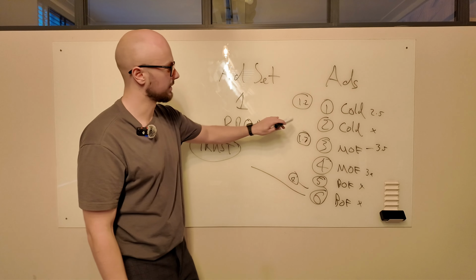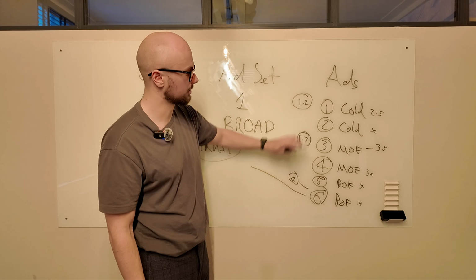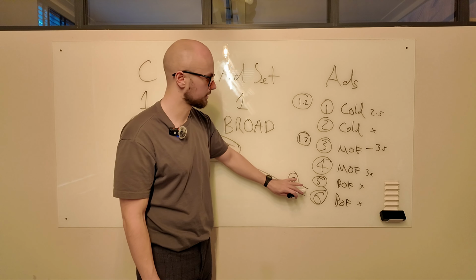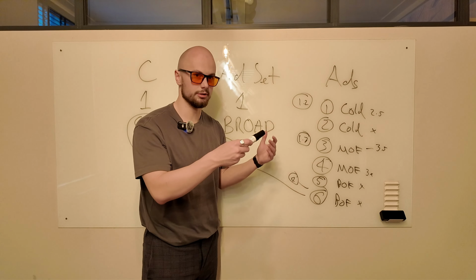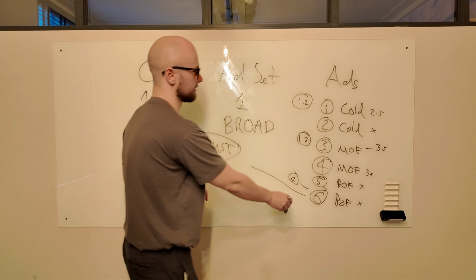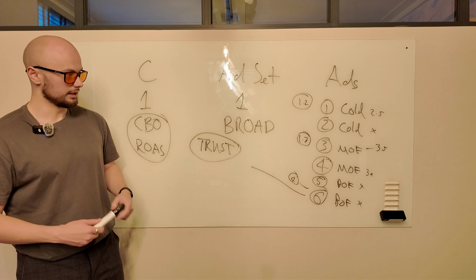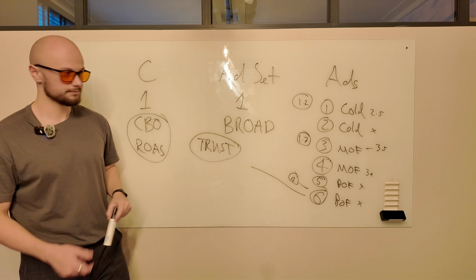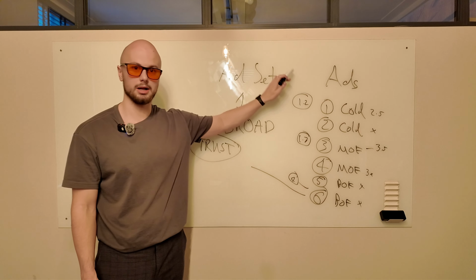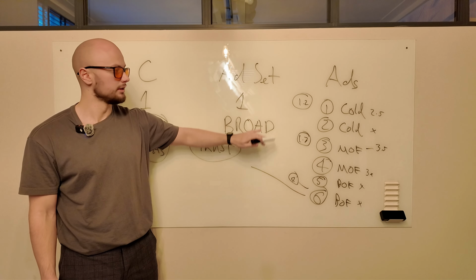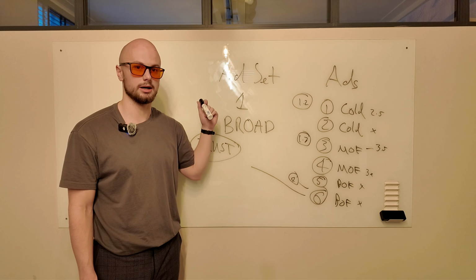I've loaded campaigns like this where we start off with a couple of cold, a couple of middle of funnel, a couple of bottom of funnel, and it very quickly identifies these winners. And then I chuck a whole load of ads in the evening, and by the time that I've woken up in the morning, the spend has completely redispersed itself and the overall return is up.